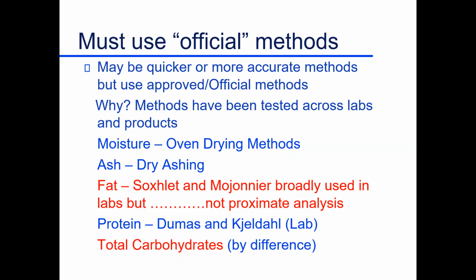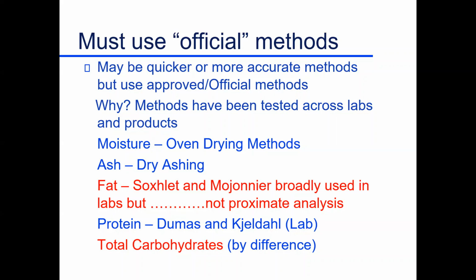Are Soxhlet and Mojonnier one method or two different methodologies? Same thing with Dumas and Kjeldahl? Dumas and Kjeldahl are very different methodologies. Soxhlet is basically where you grind up the food, put it in a holder, a nice fiber holder, and then you distill ether up, let the ether drop through it and recycle.